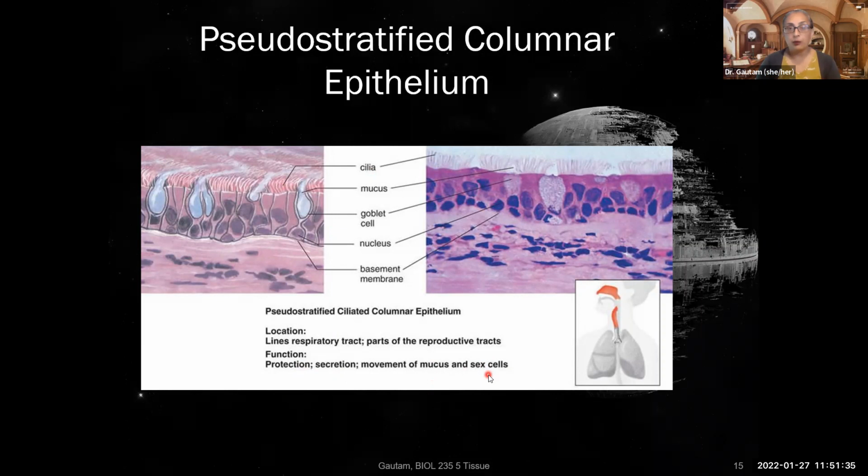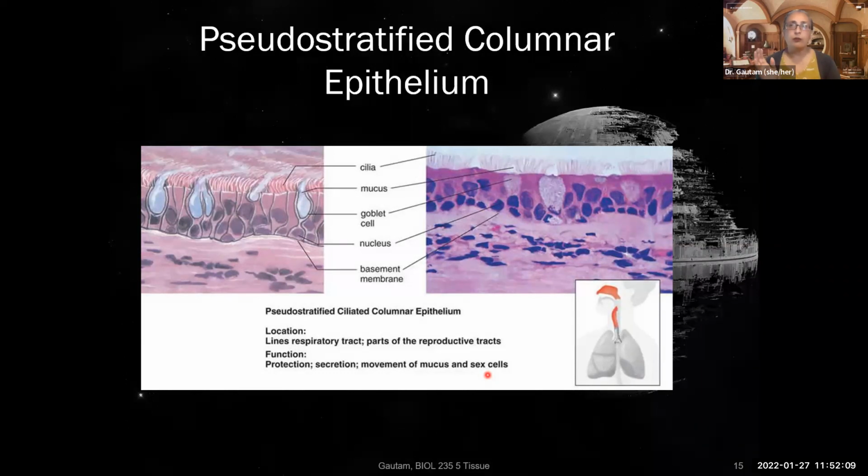So where would you find ciliated pseudostratified columnar cells? Well, wherever you need to keep things moving. So in the fallopian tubes, to move the egg along. You would find it in the vas deferens, from the testicles to move sperm along.